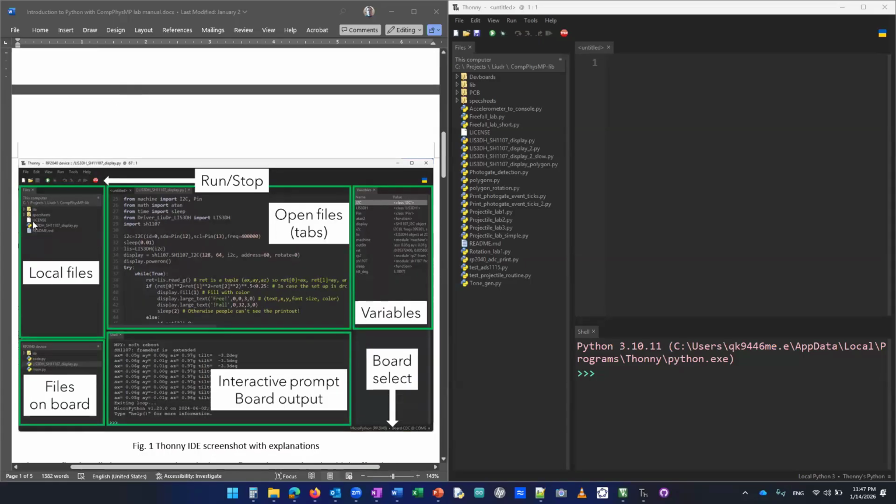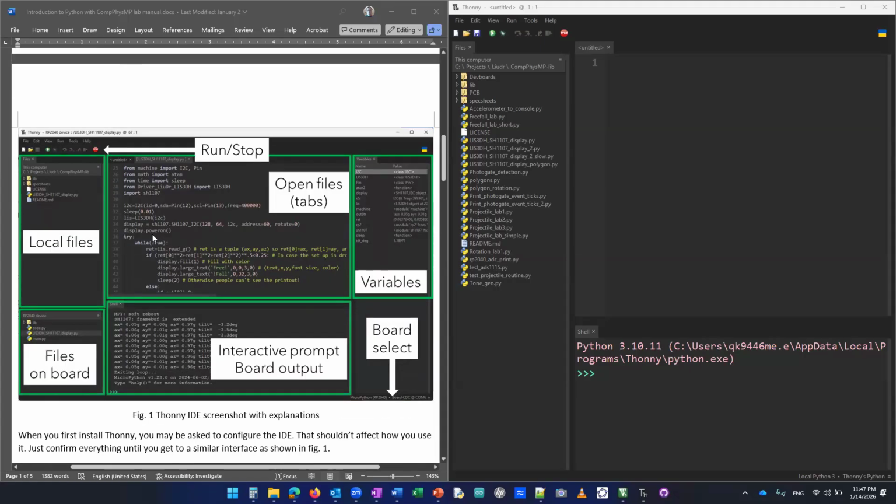So let's see, we have this diagram here. You can also look at the right side. This is a directory tree, so these are the local files, the files on my local computer. This will be files on the microcontroller board. Since we don't need the microcontroller boards for this, that is not displayed.